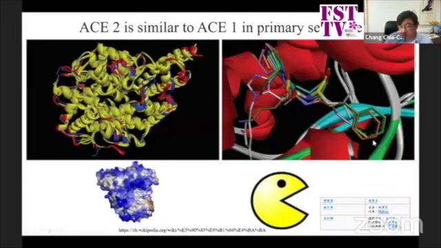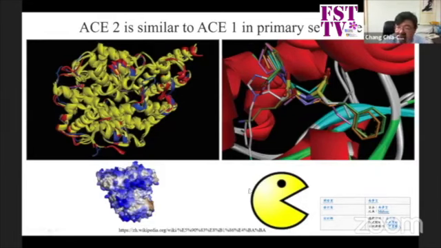Since we have this kind of study, using ACE2 and the spike, we tried to screen what kind of drugs may affect spike and ACE2 binding.